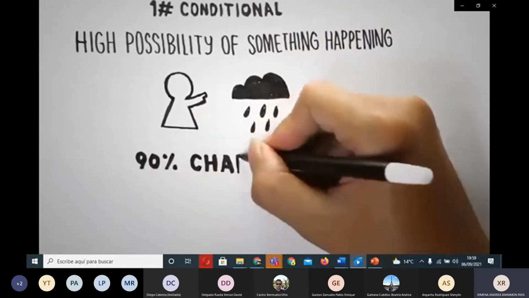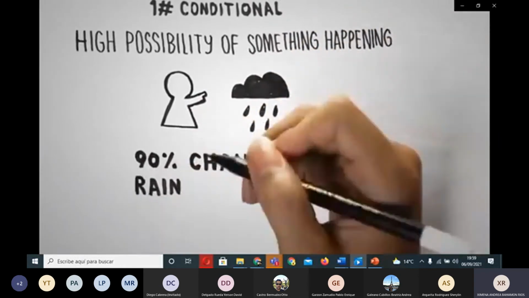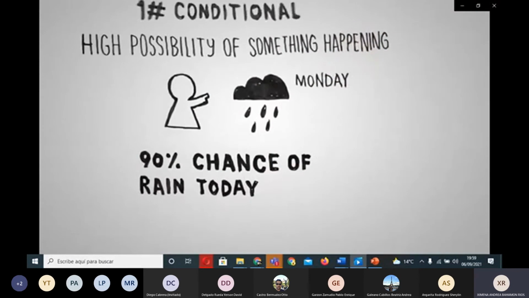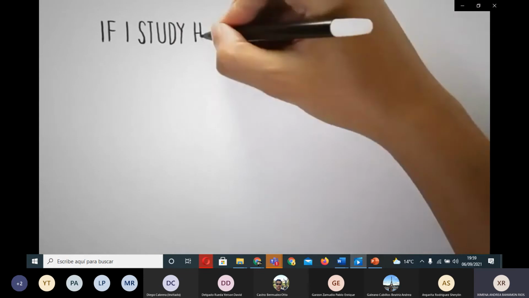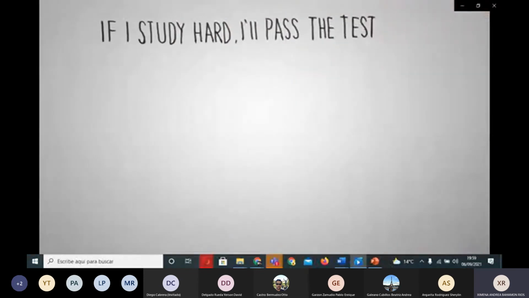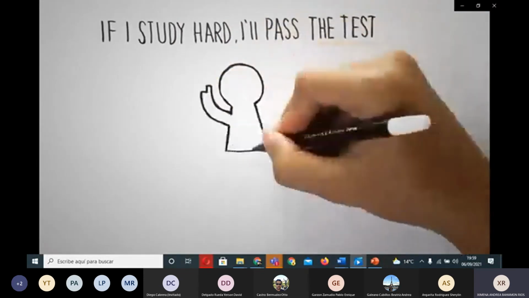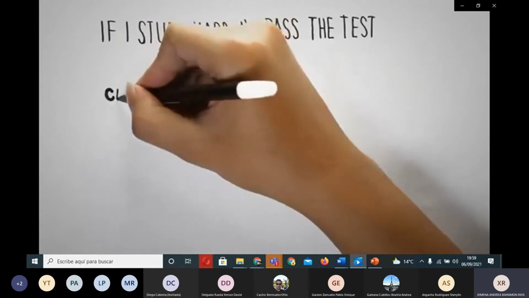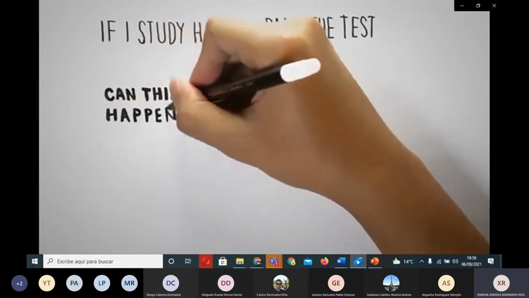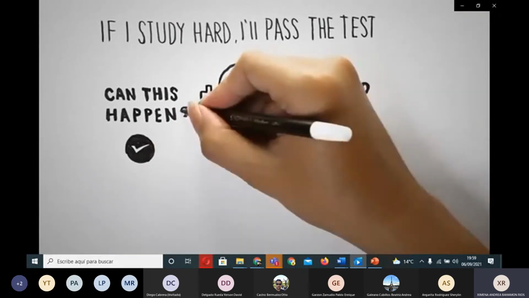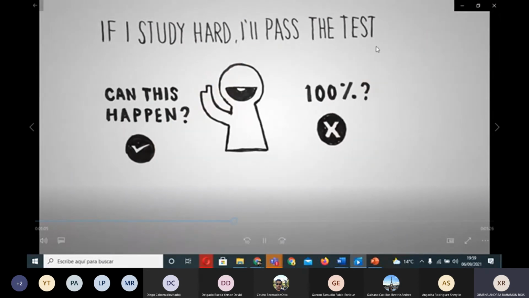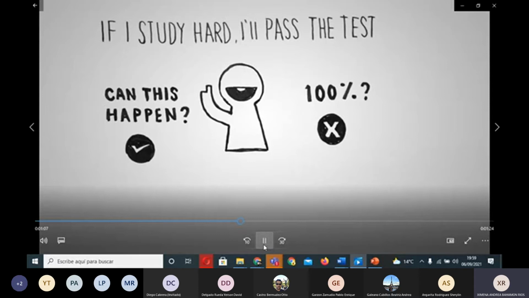It's not 100% sure, but there is a big chance that it will happen. Let's look at an example. If I study hard, I'll pass the test. Is there a chance for me to pass the test if I study hard? Yes. Can this happen? Yes. Does it mean my passing is 100% guaranteed? No. But the test is a very likely thing that can happen.